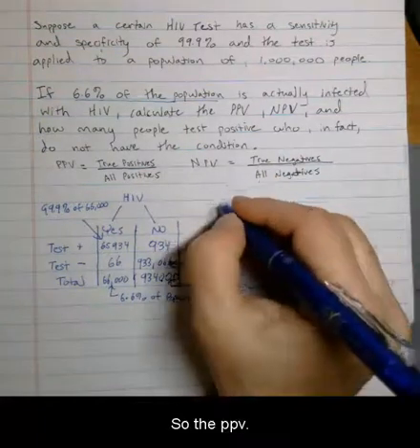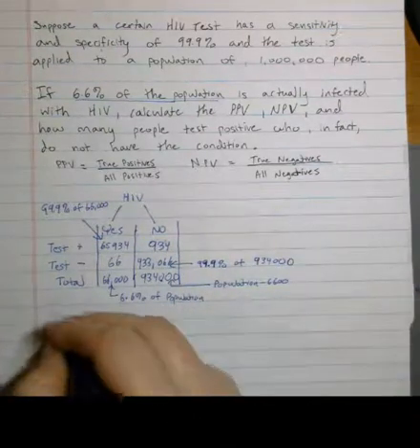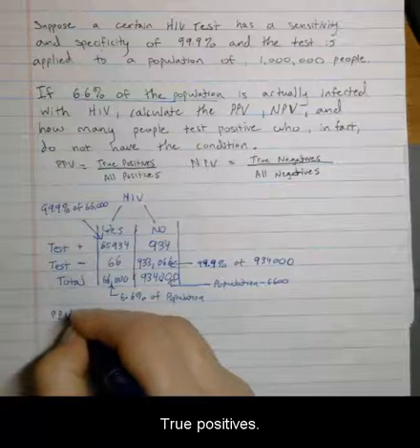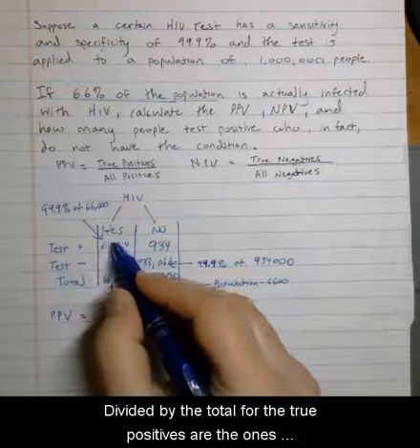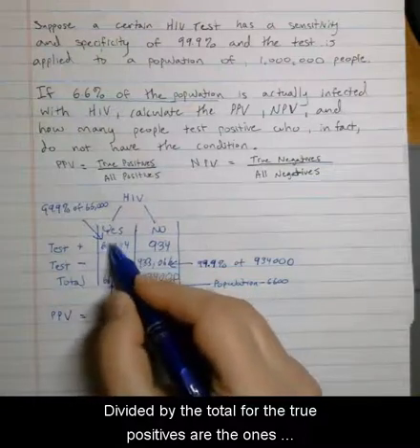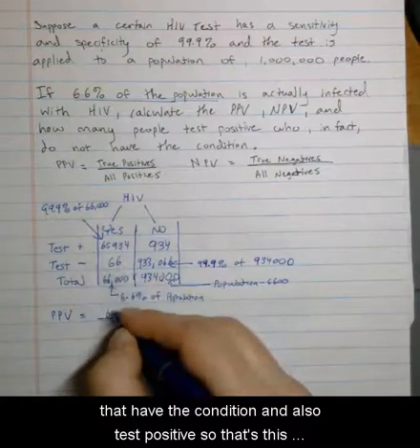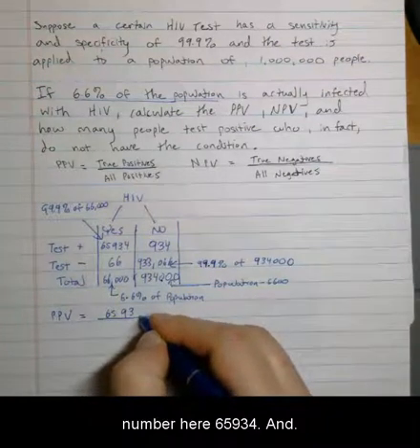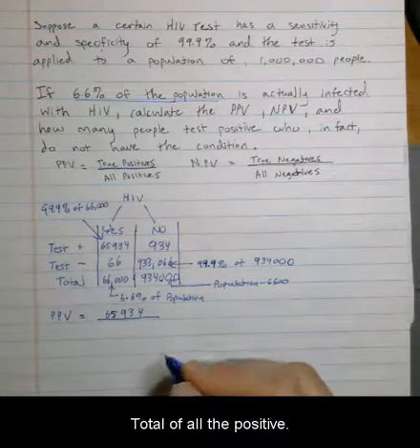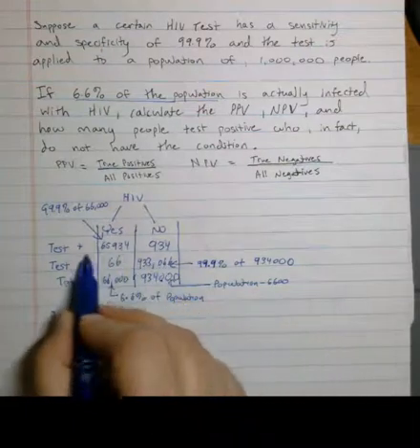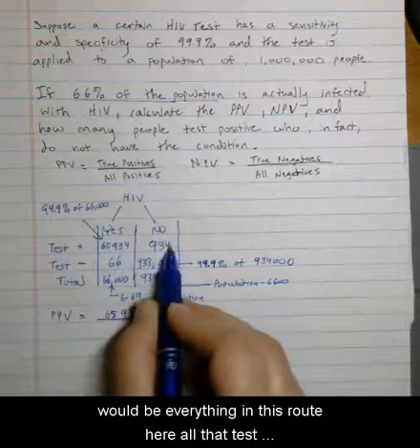Okay, so the PPV was the true positives divided by the total. So the true positives are the ones that have the condition and also test positive. So that's this number here, 65,934. And the total of all the positives would be everything in this row here, all that test positive.